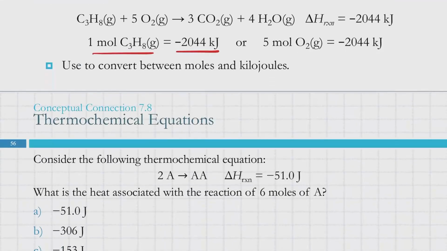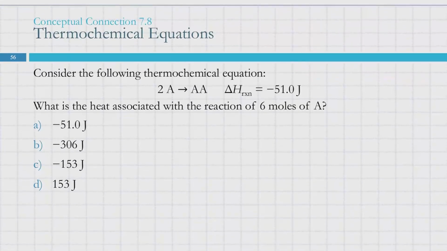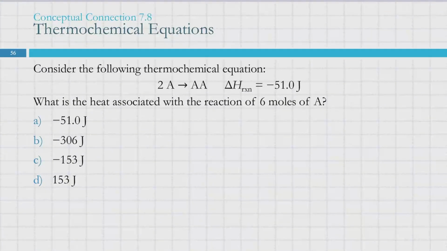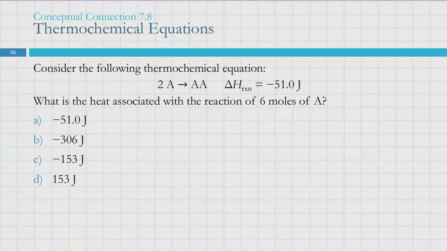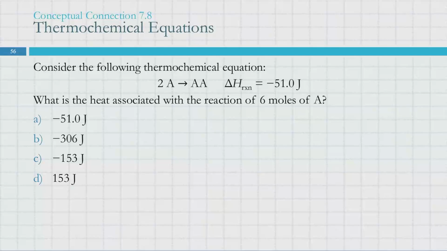So let's look at a very bare bones version of this. Let's say that we've got this thermochemical equation. We've got 2 A going to A2, and we've got a delta H of the reaction. What is the heat associated with the reaction of 6 moles of A?